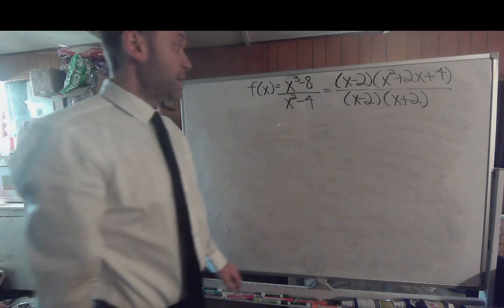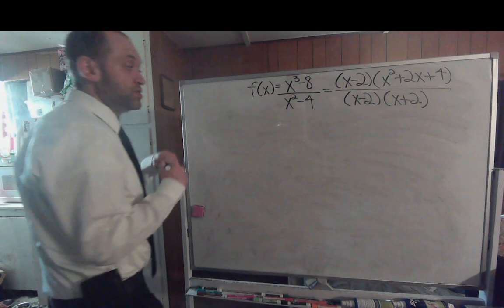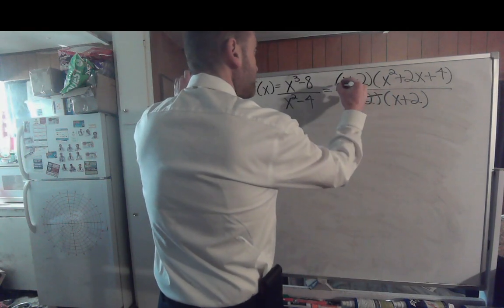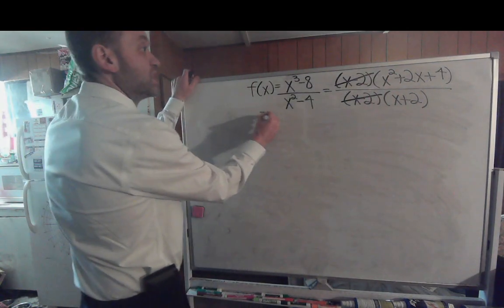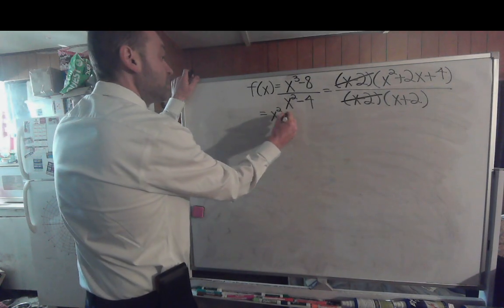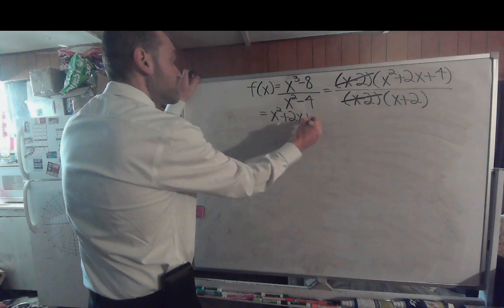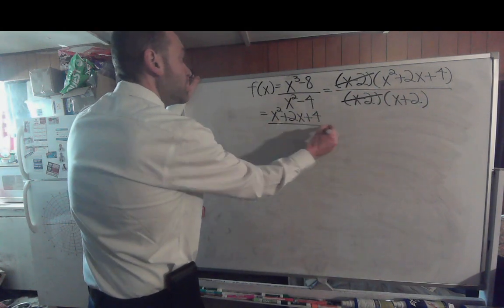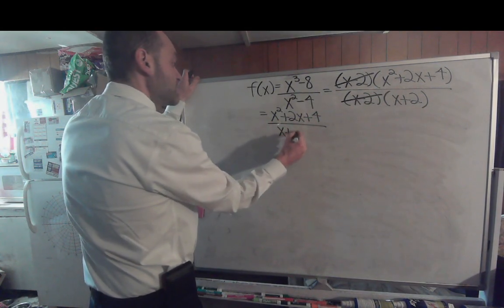Alright, well, your x minus 2's do cancel out. This would simplify into x squared plus 2x plus 4 all over x plus 2.